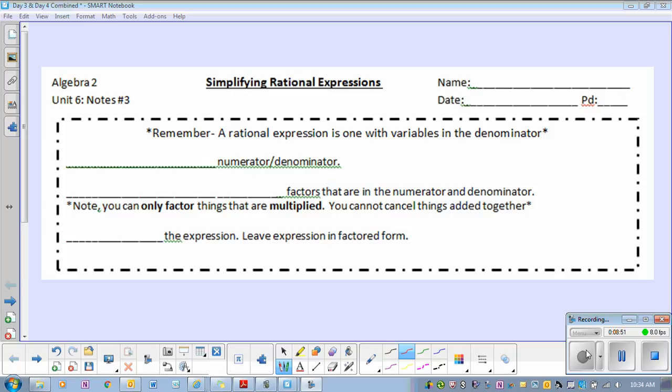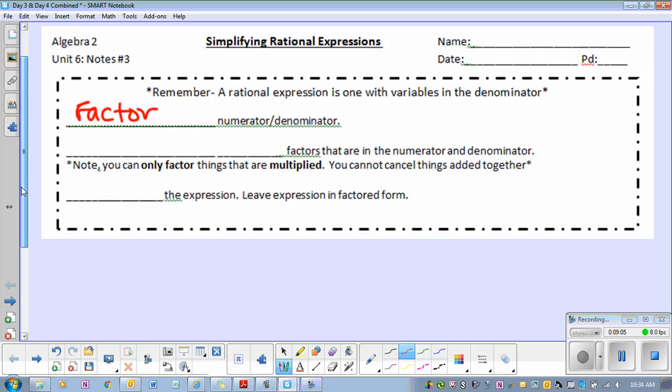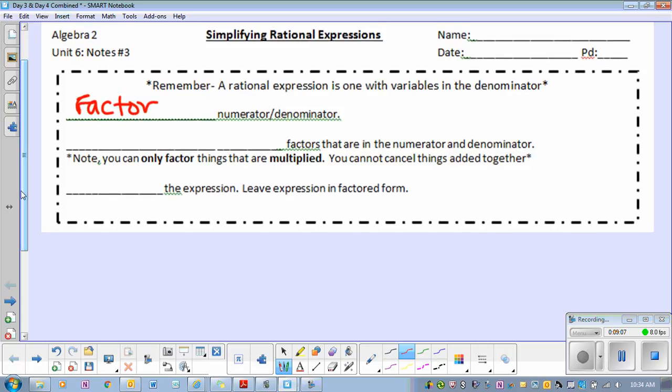If you have a variable in your bottom part of your fraction, that's a rational expression. First thing we want to do is factor our numerator and our denominator. And then the next thing you want to do is cancel out any factors that are in the numerator and in the denominator, okay?